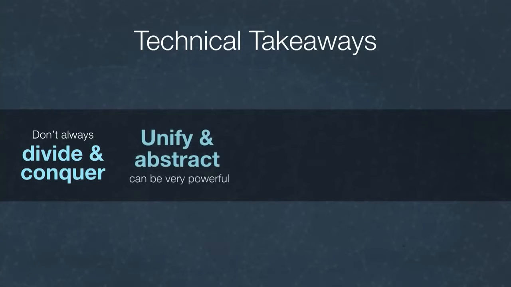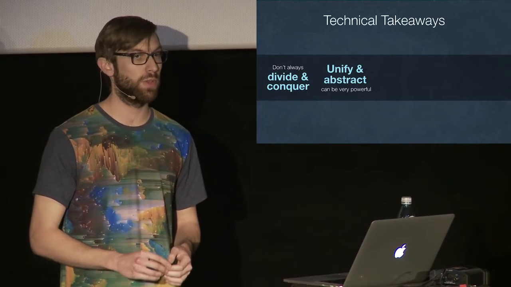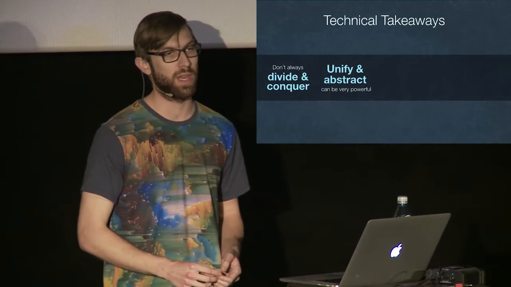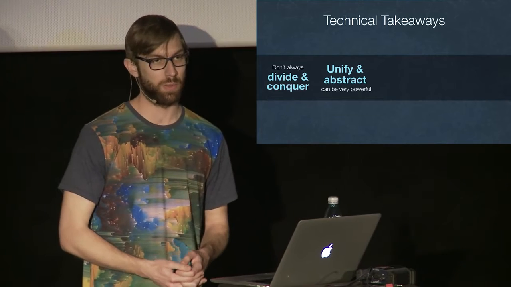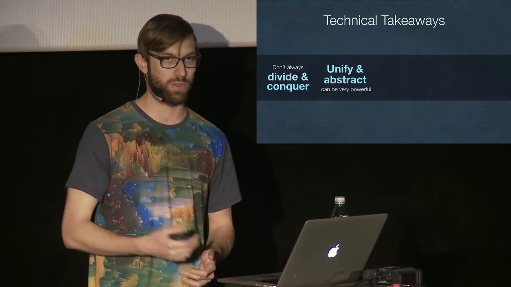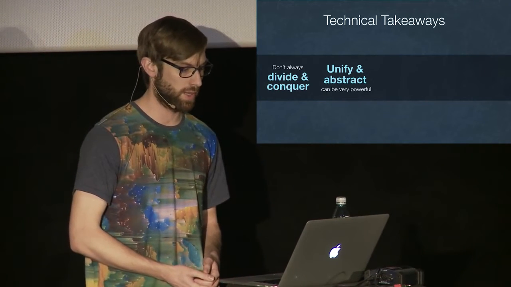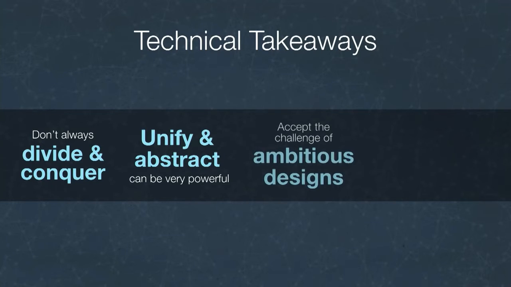But it turns out that unifying a problem set and abstracting can be extremely powerful and not only be easier in many cases, but actually more successful and achieve things that you didn't really expect to be able to do, like some of these optimizations around subtree precompositing that sort of came for free with this.